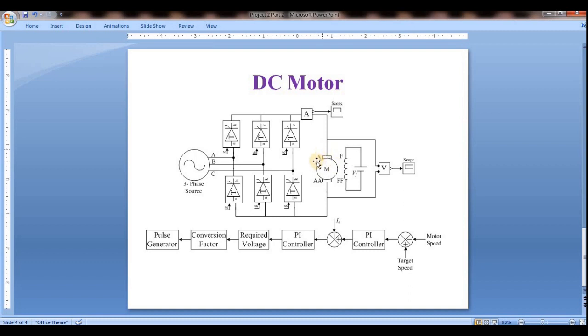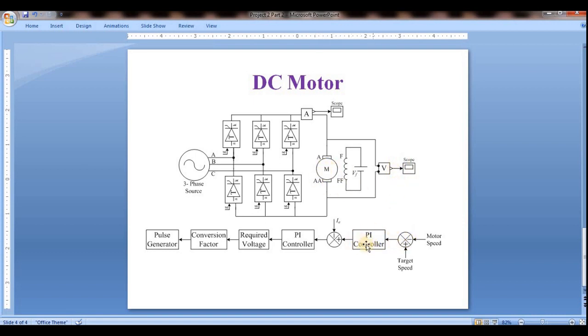By regulating this armature voltage, I can make the speed at my desired value. So I will take my target speed of the motor and compare it with the actual speed of the motor. I'm not comparing this voltage, I am comparing only with the speed of the motor.